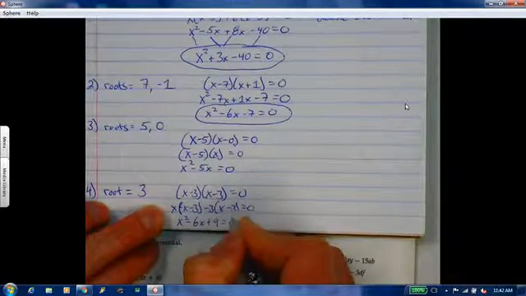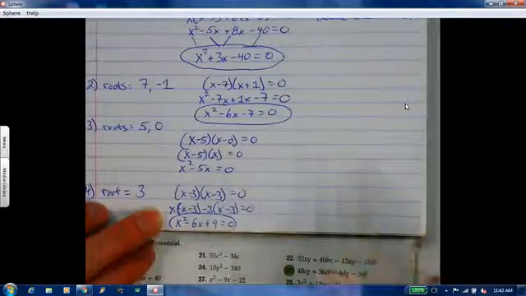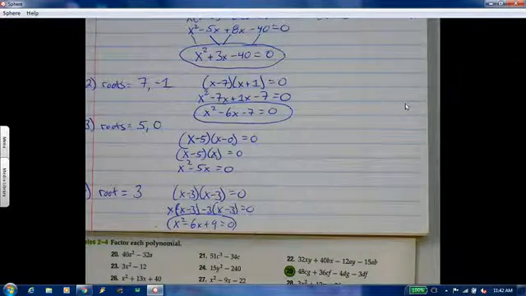It's what they call a perfect square trinomial, because it's 2 factors that have been squared.